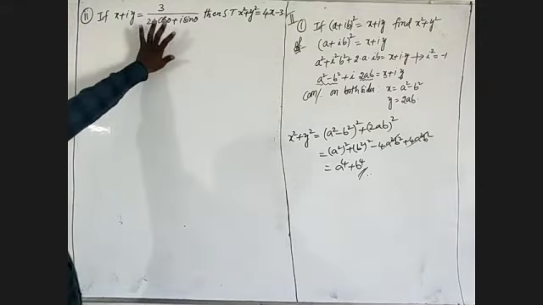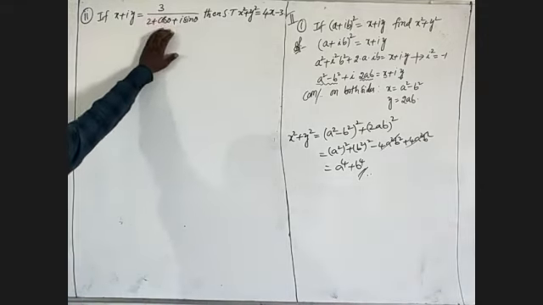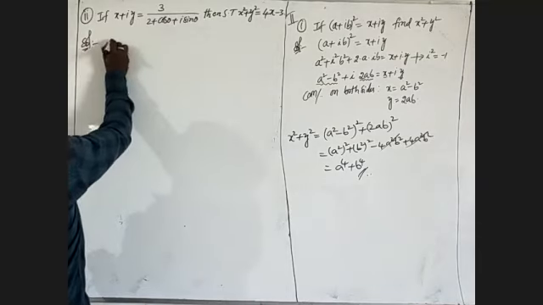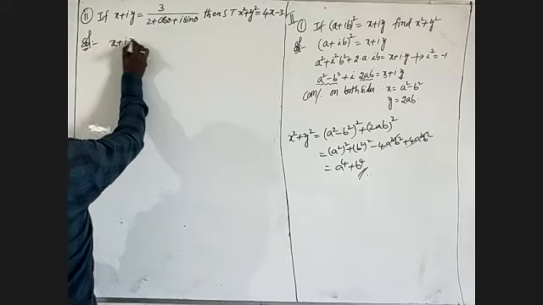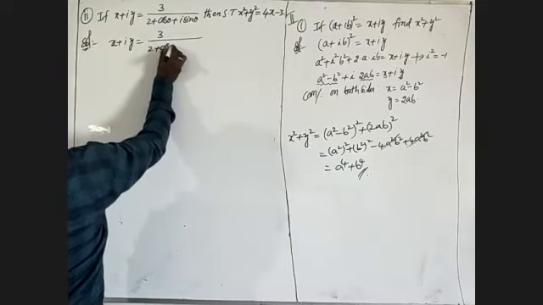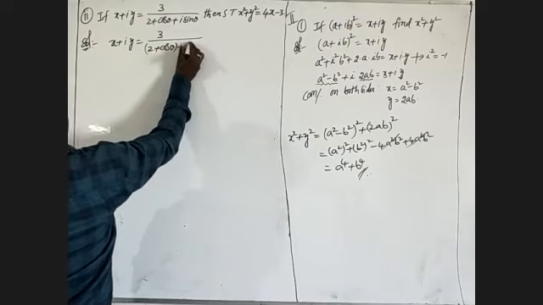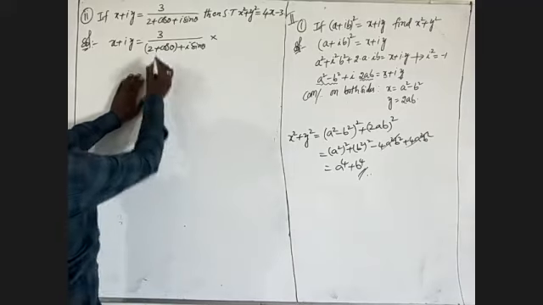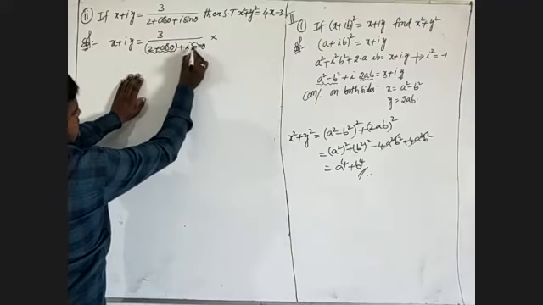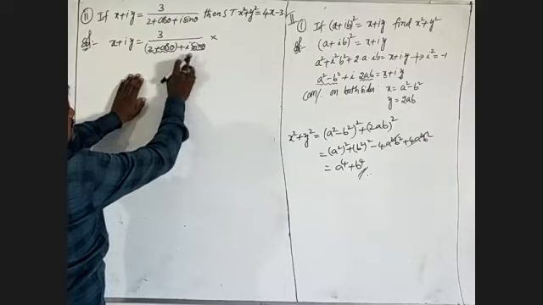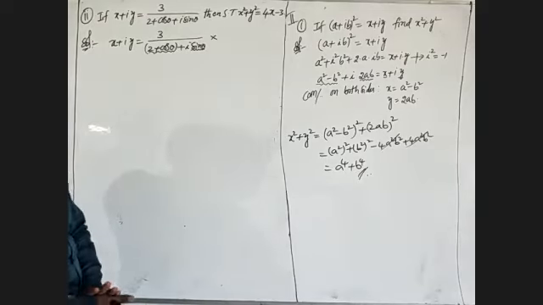First, I have to separate this complex number into x and y. That I will write: x plus iy is equal to 3 by 2 plus cos theta plus i sin theta. That means, taking this as a and this as b, the conjugate of a plus ib is a minus ib.